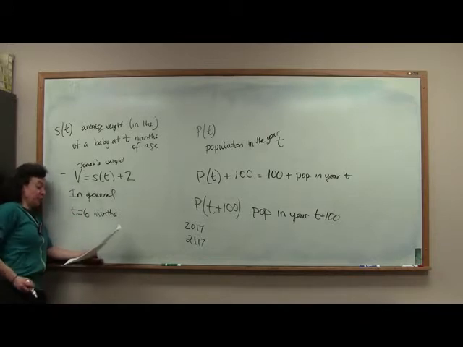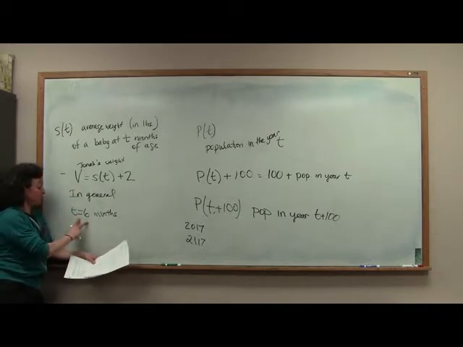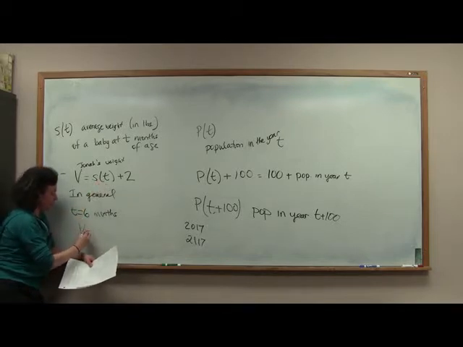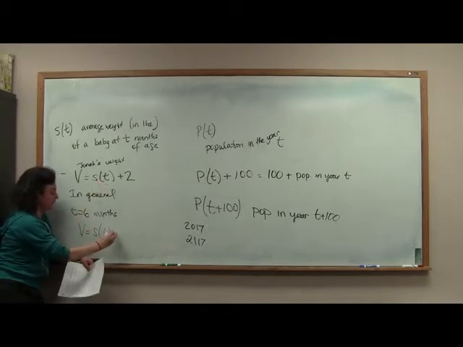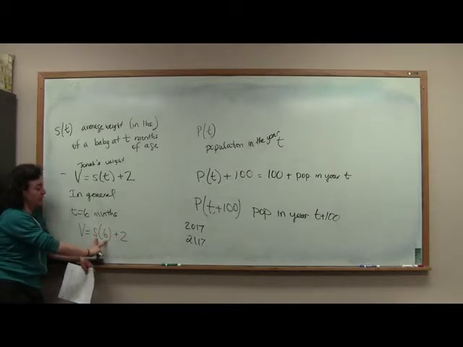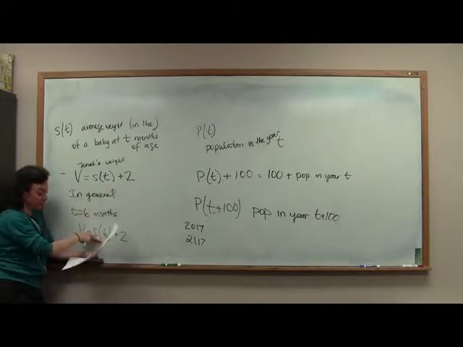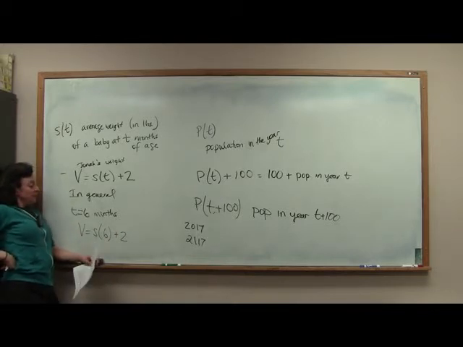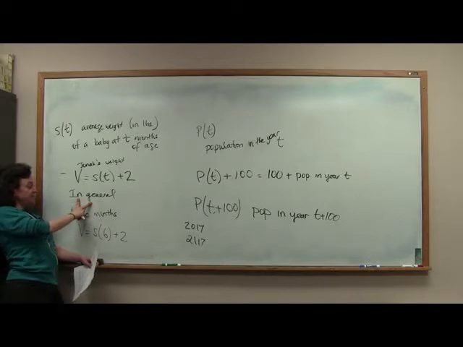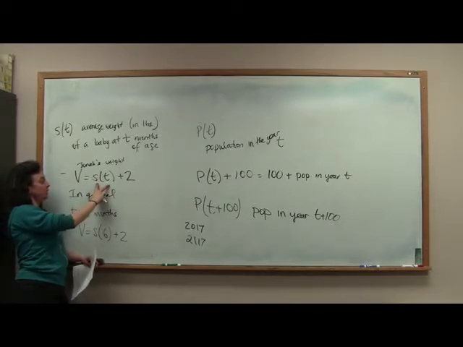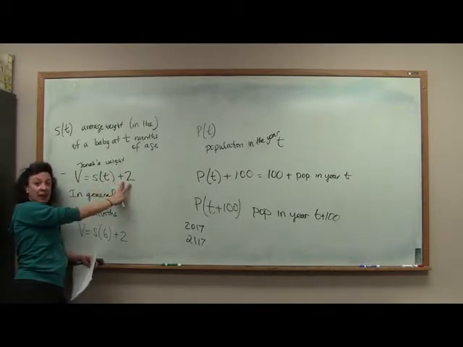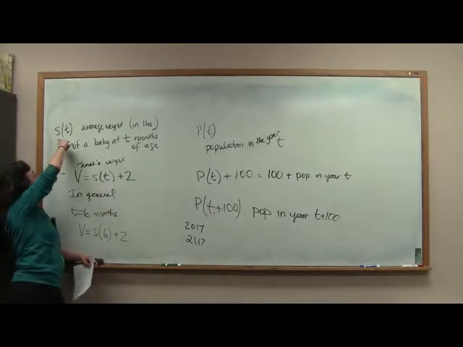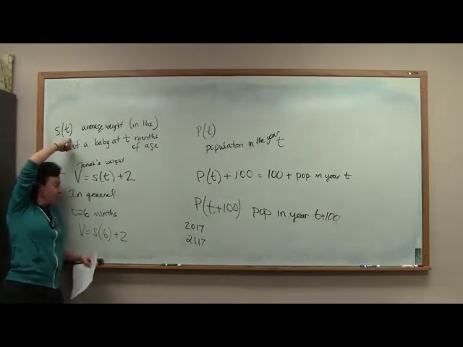Well, we can start with the specific. But when t equals 6, I think you'll grant me that Jonah's weight is the average weight of a 6-month-old plus another 2 pounds. Notice we're adding on the outside, so therefore it changes our function value, in this case the weight.